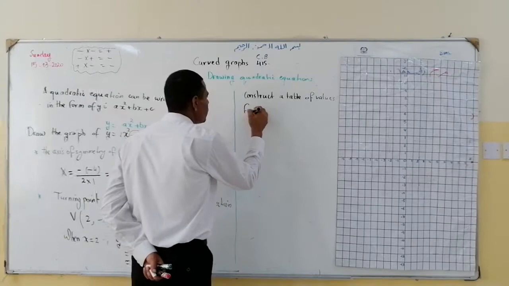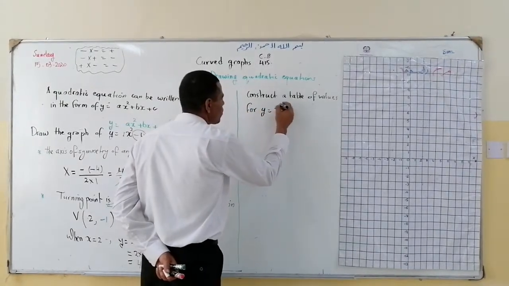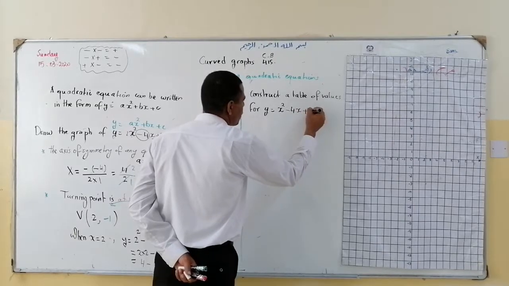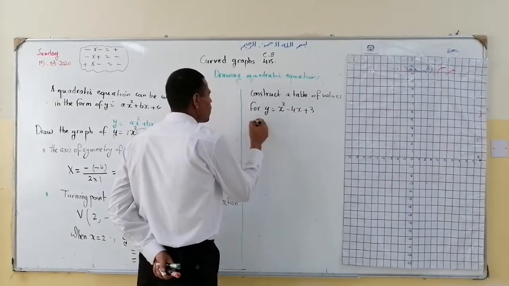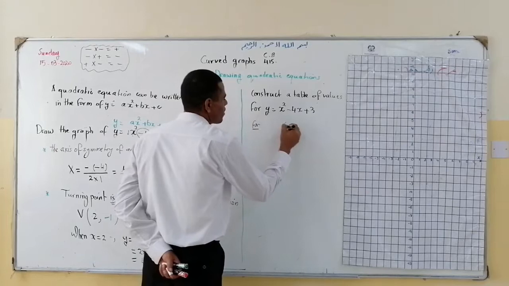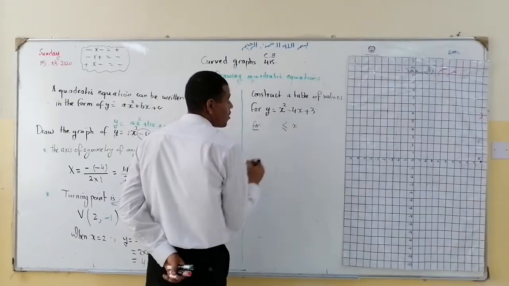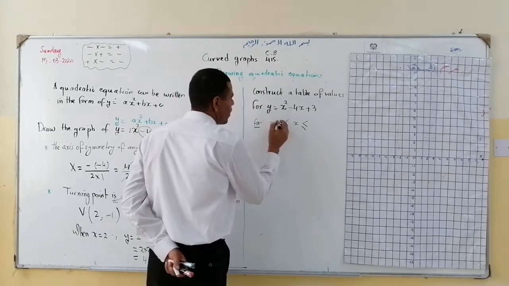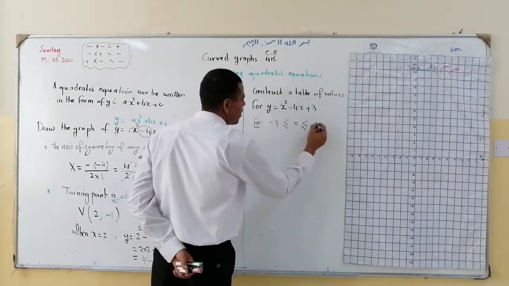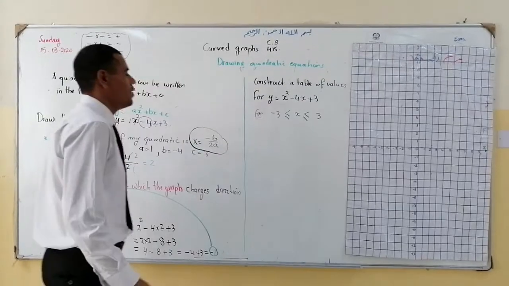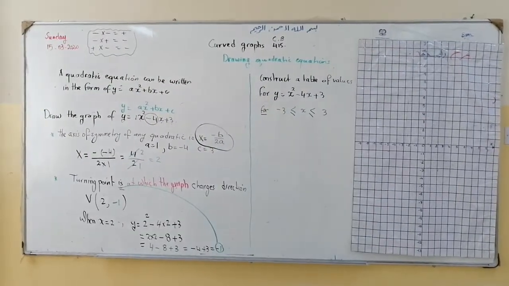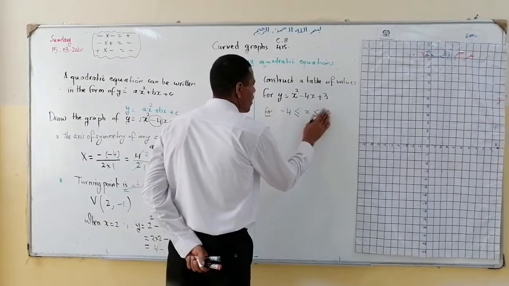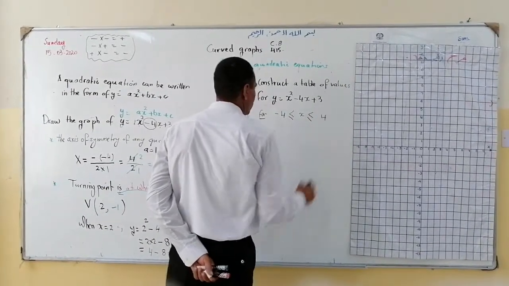For y equals x squared minus 4x plus 3, for x greater than or equal to negative 3 and less than or equal to 3, okay? Or we can also extend and make it negative 4 and 4.